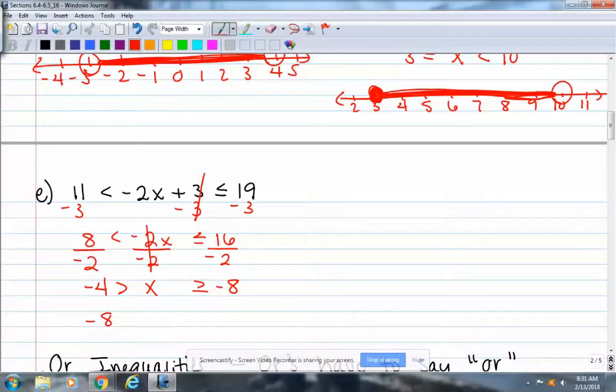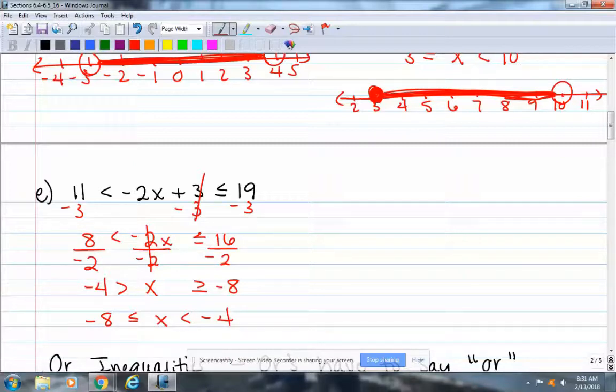And it had the or equal to, so bring that to it and swap it to less than. Change this to less than 4. So at the very end, swap everything around, if you're not in least to greatest and you're not in less thans.